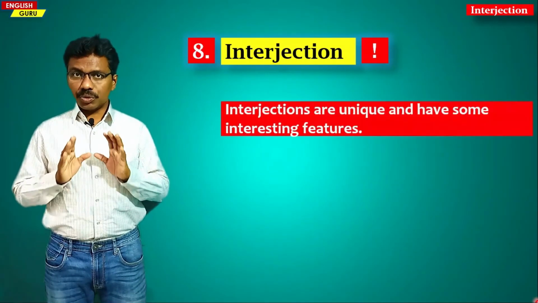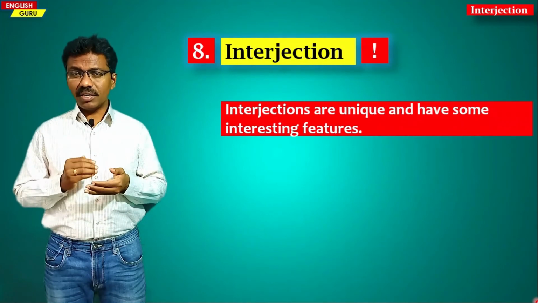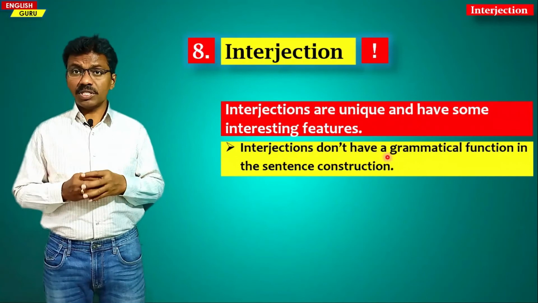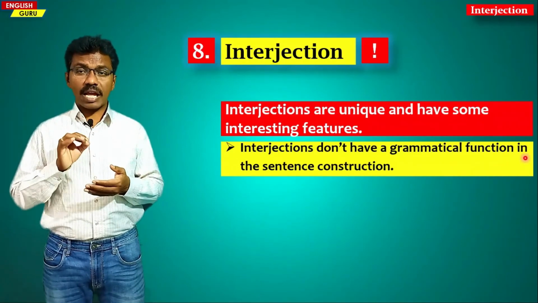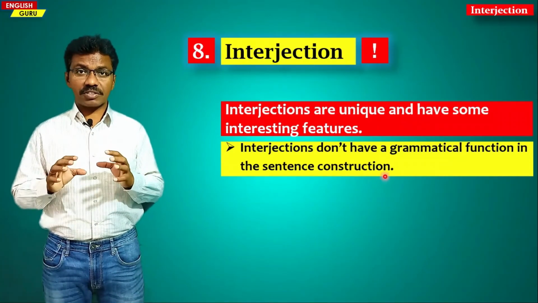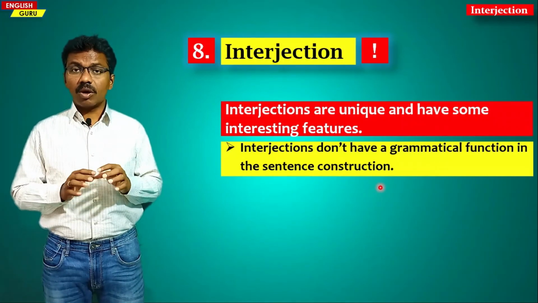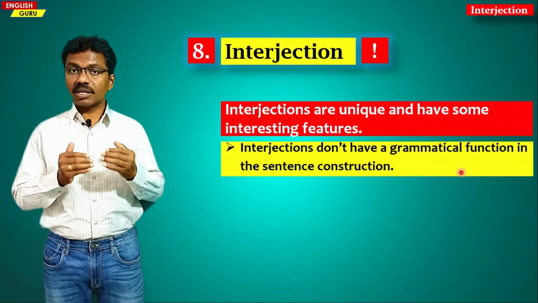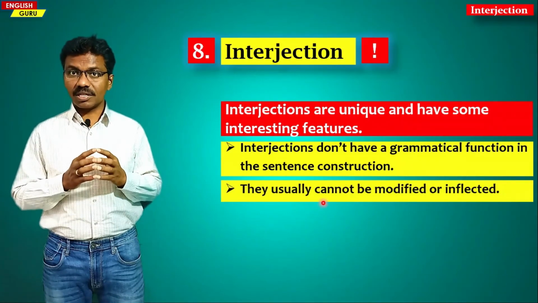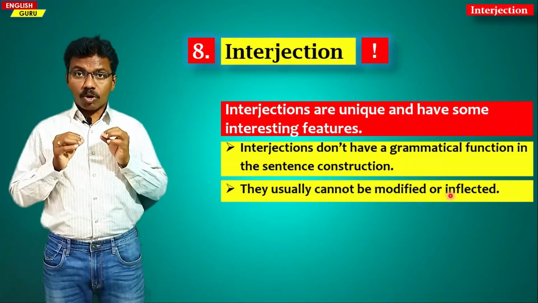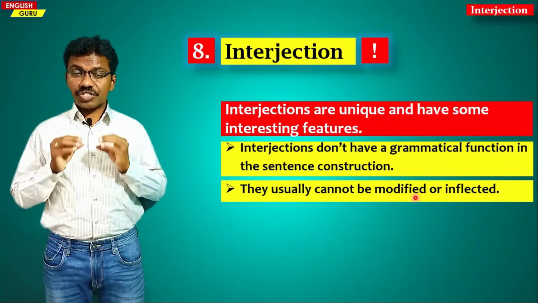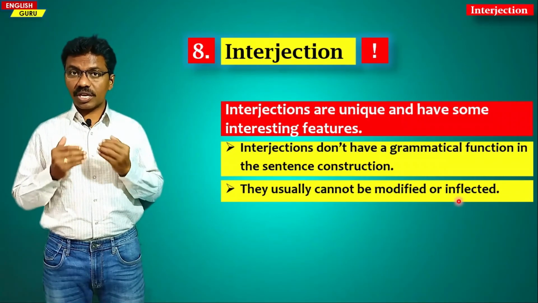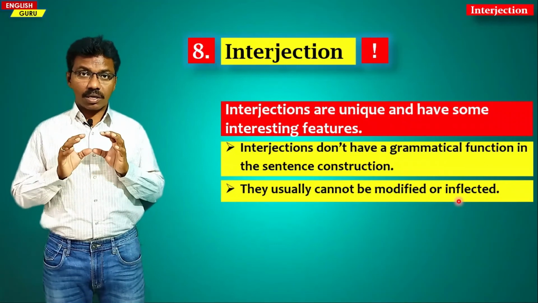Interjections are really unique and they have some interesting features, characteristics. Like the first one is interjections do not have any grammatical function in a sentence or sentence construction. We don't use them to form any grammatical connections in a sentence. And the next one is they are not modified. We cannot change their form as we change many other words. They are like that.